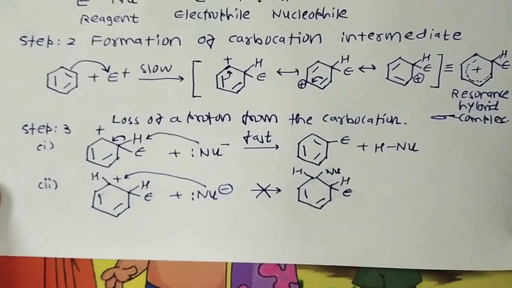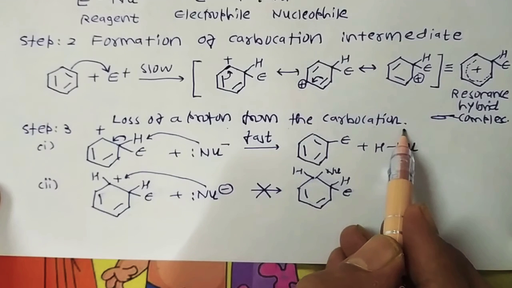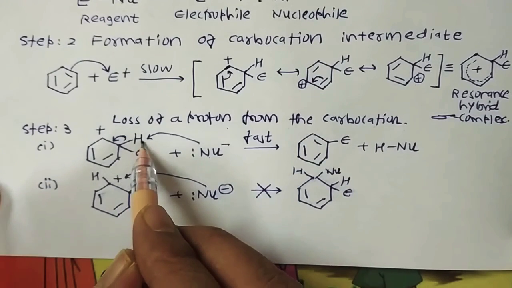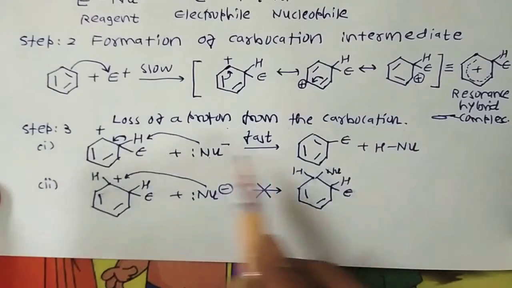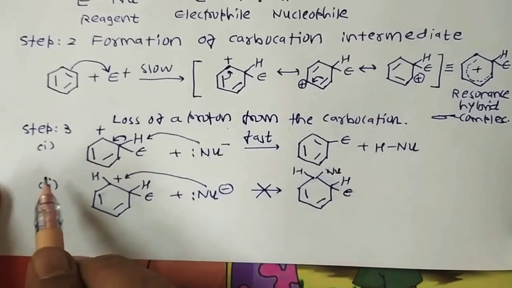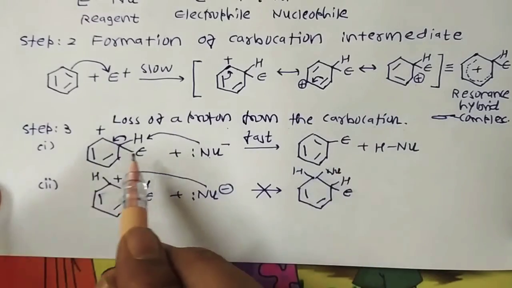Now the third step is the loss of a proton from the carbocation. It can lose a proton to the nucleophile. When the nucleophile is attached to this H, at that time it loses the electron. So now H plus is connected with Nu, and we get a product like that. This is the fast step. It can lose a proton to a nucleophile present in the reaction mixture to form a substitution product.